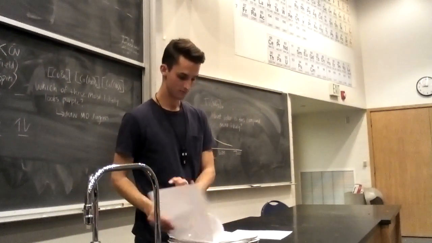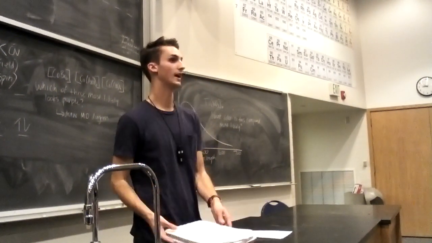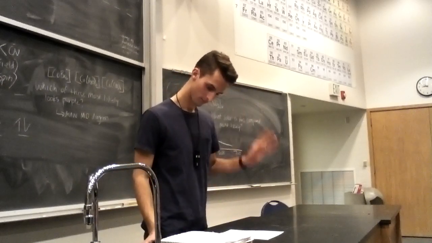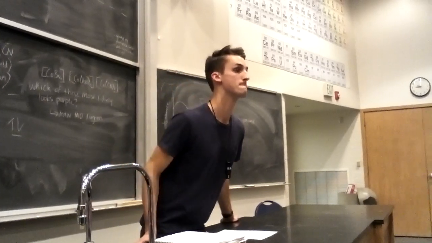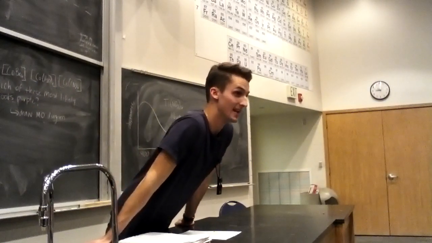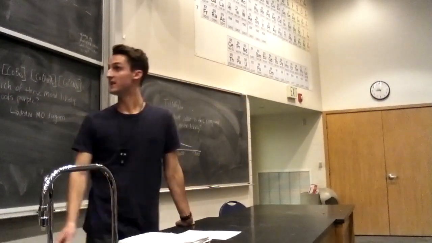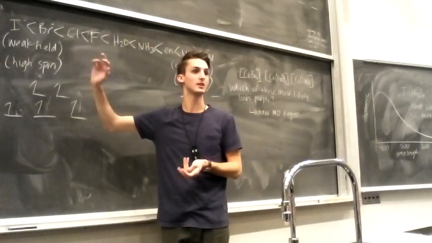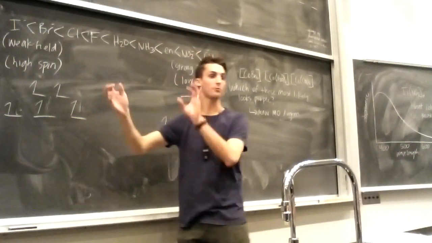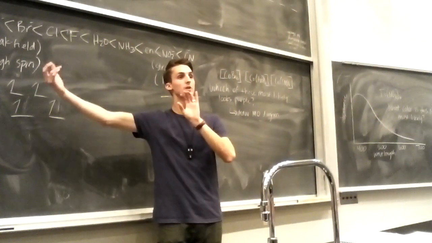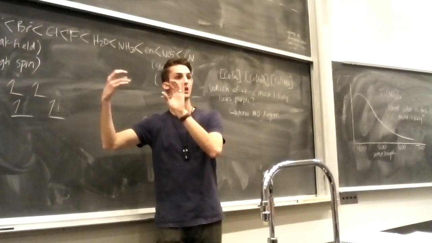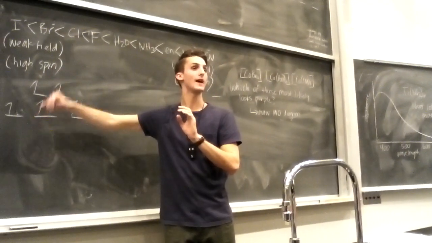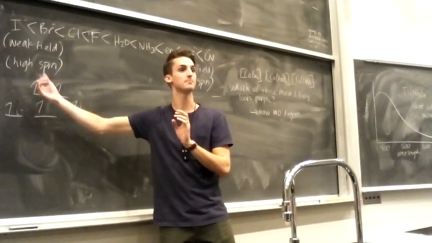Okay, how are we doing? You had a question. Yeah. Are high and low spins more a product of the weak and strong field? Yes. So these weak field ligands are going to have high spin electrons. If we have our Lewis acid and these weak field ligands are coming in, then the electrons are going to rather be on their own because they're high spin.